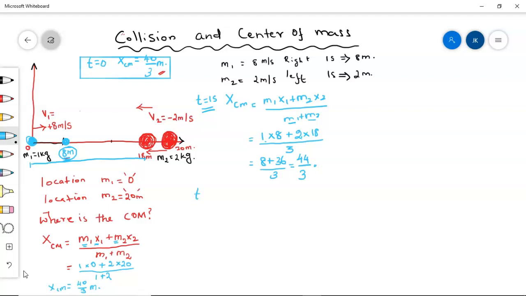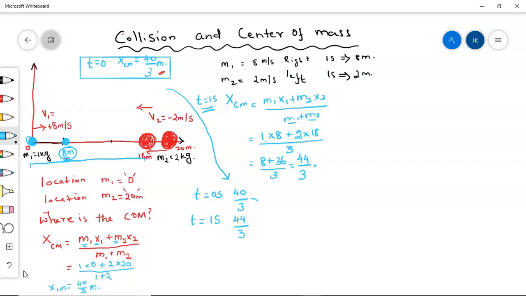So at the beginning, at 0 seconds, the location of the center of mass is 40 divided by 3, which is here. Now after 1 second, the location has changed. It is at 44 divided by 3.